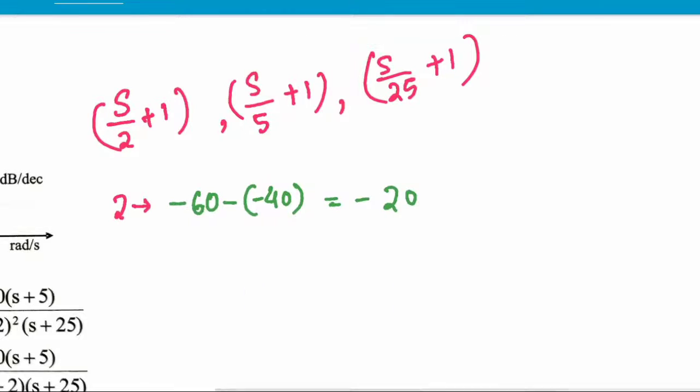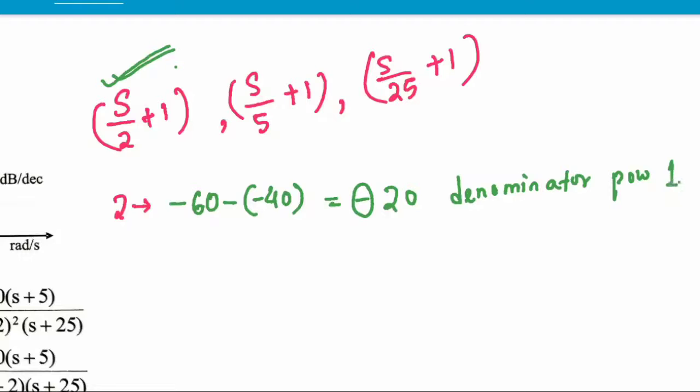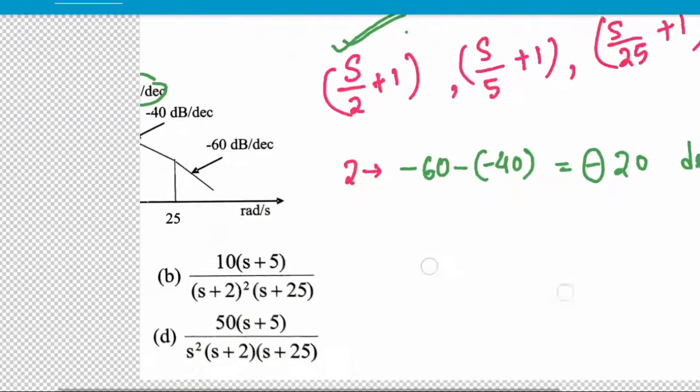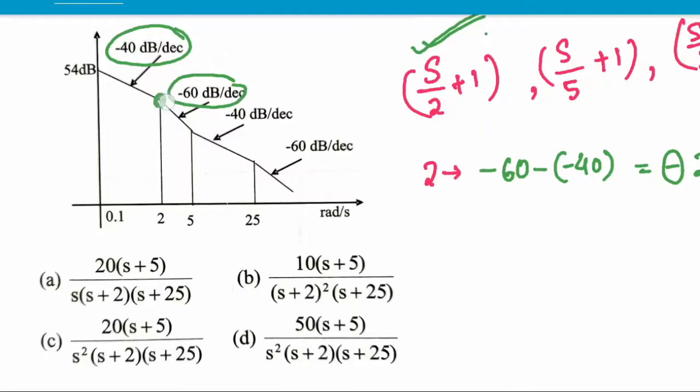Minus 20 means, due to the negative, this term will be in the denominator, and the power will be 1, as it is a multiple of 20.